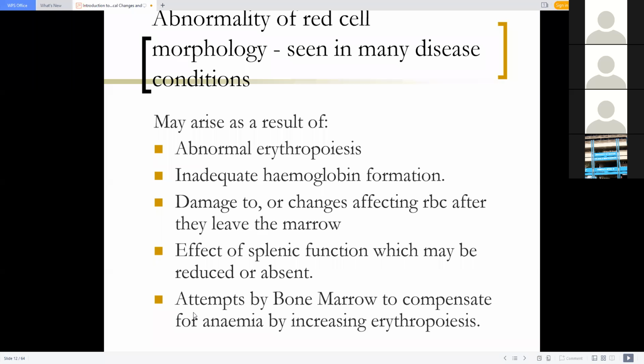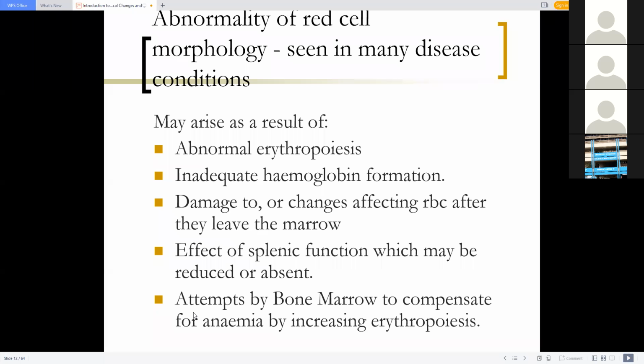All right. The second one can be, again, which ties up to the abnormal erythropoiesis, if you have inadequate hemoglobin formation, which gives you hypochromia. All right. So abnormal erythropoiesis may be anything to do with, let's say, deficiency of iron, deficiency of folate, deficiency of the proteins that are required to undertake erythropoiesis, or abnormality in the regulation of erythropoiesis.